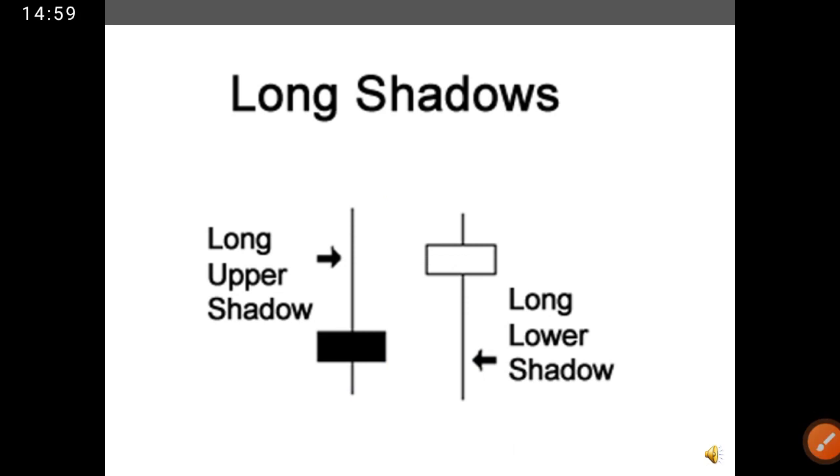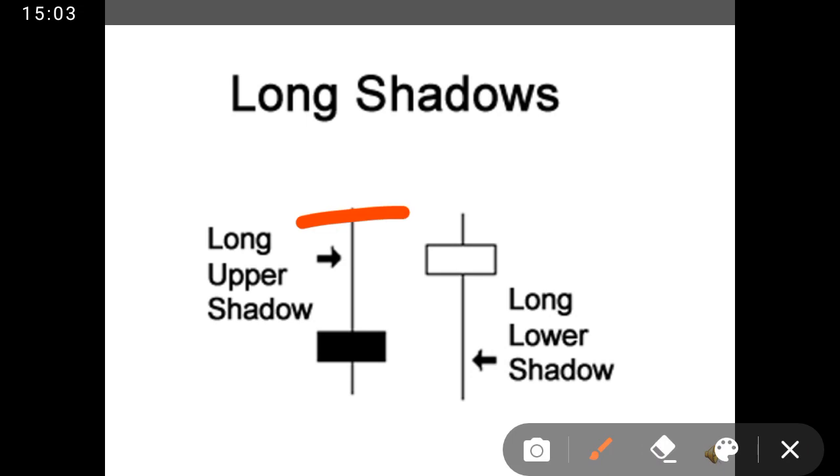So what does it mean? It means price got here, price got here, but it didn't close there. Why didn't it close there? There was pressure between the buyers and sellers. So the sellers pushed the price down to this place.